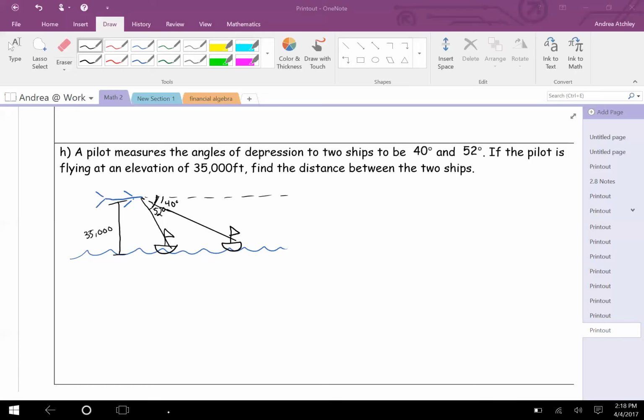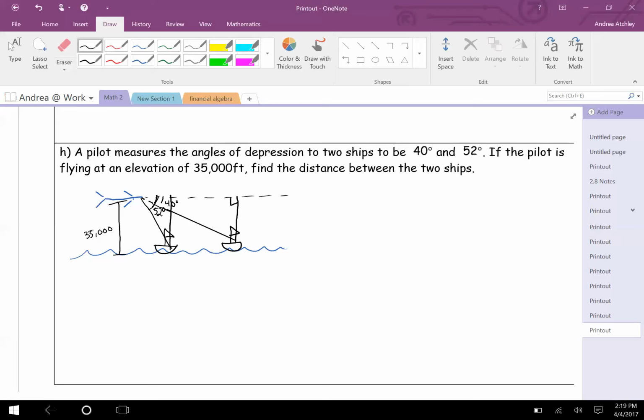I don't have anything. What I do have is I could draw a triangle here, and it'll find the distance from the airplane to this boat. And I could also do that same thing here, find the distance from the airplane to this boat. Does that make sense? We're good?